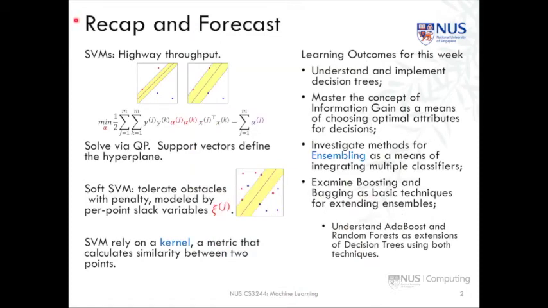Let's first recap what we learned about SVMs. SVMs stand for support vector machines, which are linear models that try to find the optimum separating hyperplane between the positive and negative classes. By optimal, we mean that it places the most distance between the positive and negative points. So the right-hand side version of this is a support vector machine.